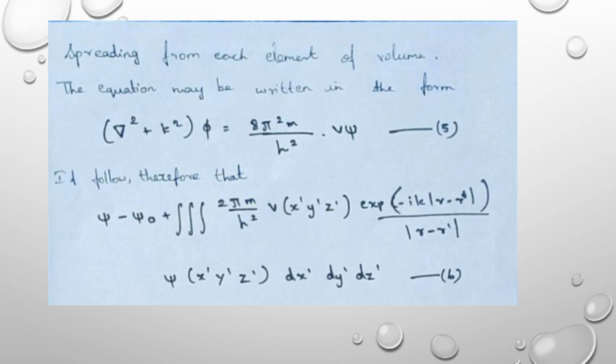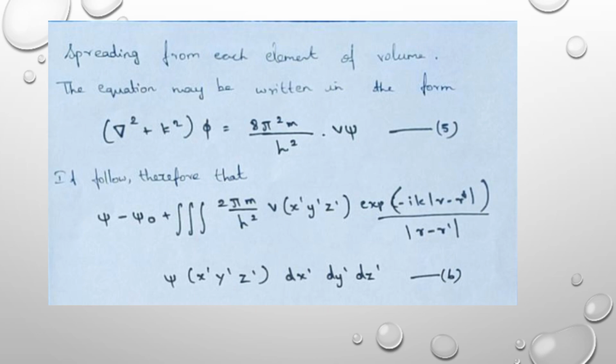Spreading from each element of volume, the equation may be written in the form del square plus k square psi is equal to 8 pi square m by h square V psi, the fifth equation.